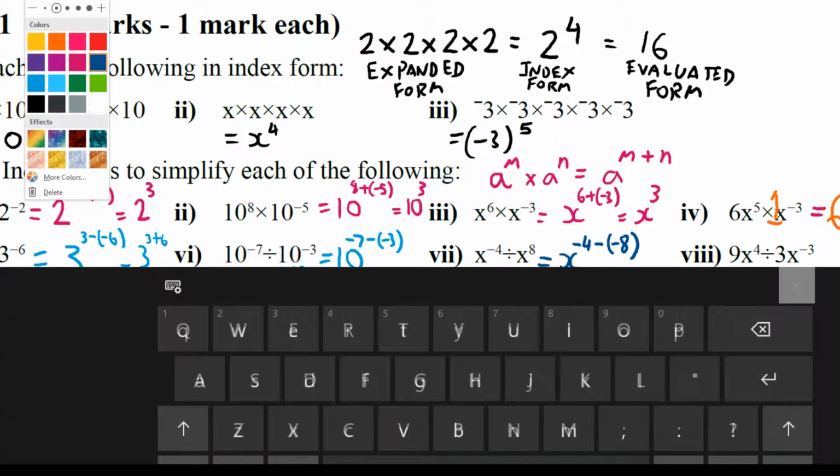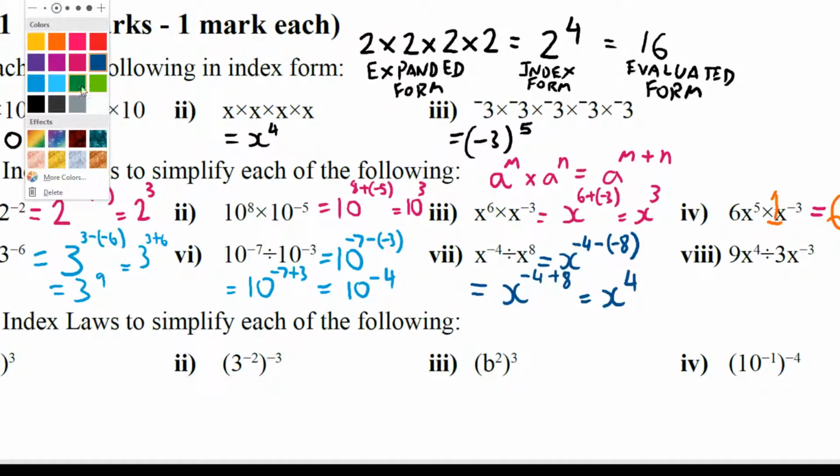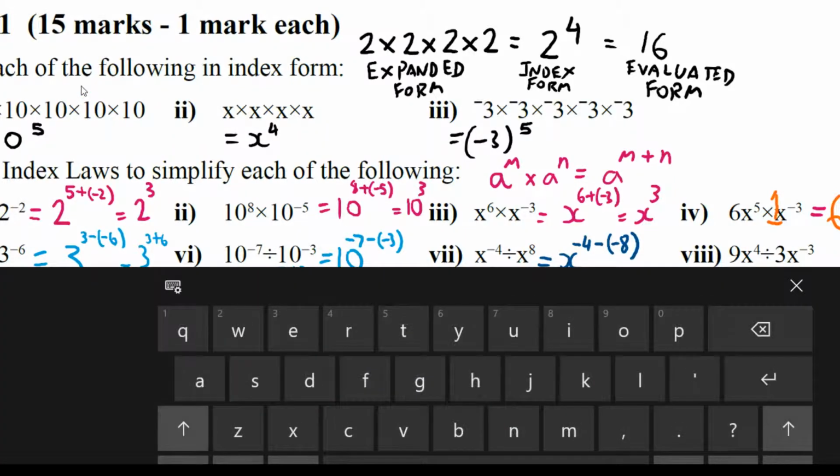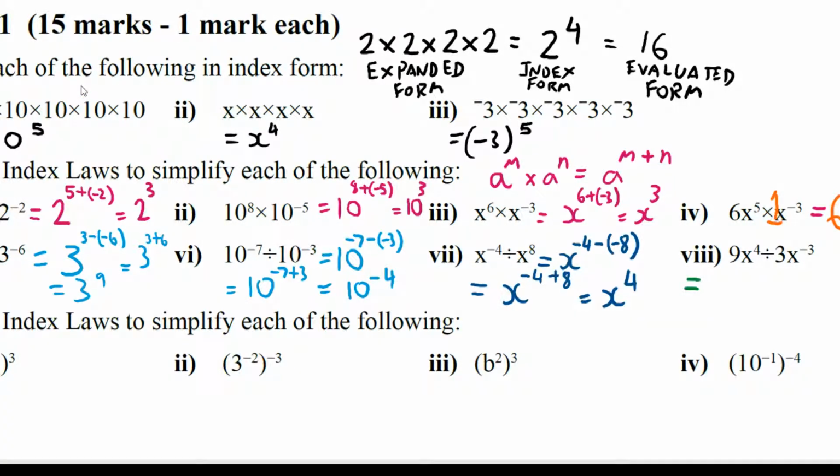And this last one, we're going to have here. Now 9 divided by 3 gives 3. 9 divided by 3 is 3. Then x to the 4 divided by x to the power of negative 3. That's x to the 4 take negative 3, which is 3x to the power of 4 take negative 3 is 4 plus 3. Okay.